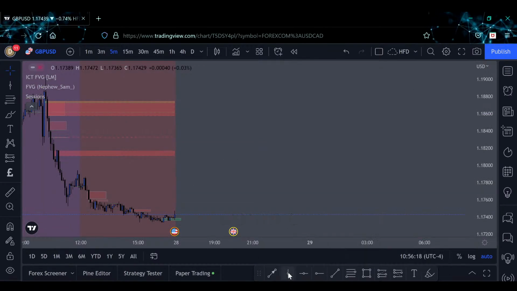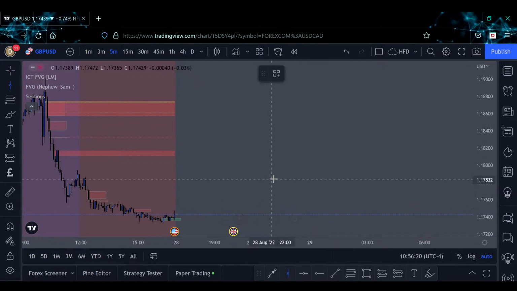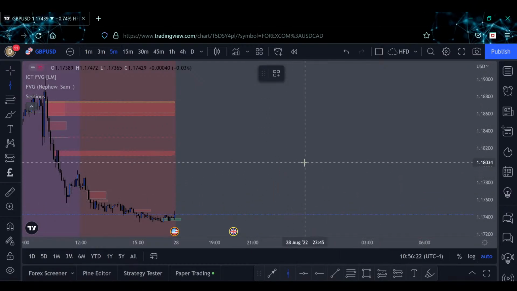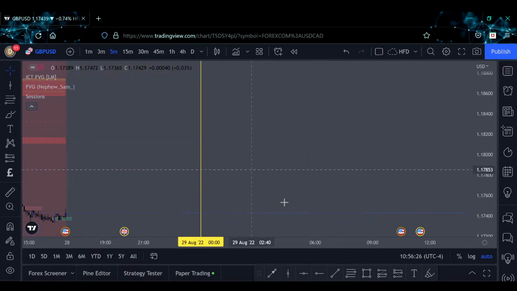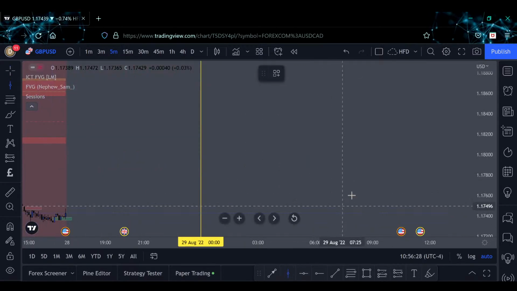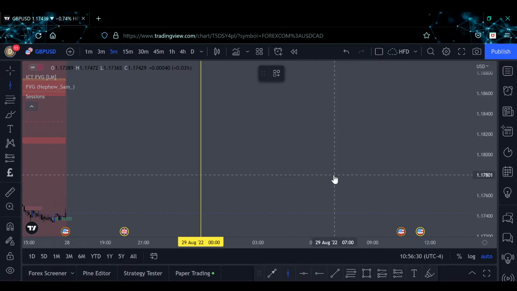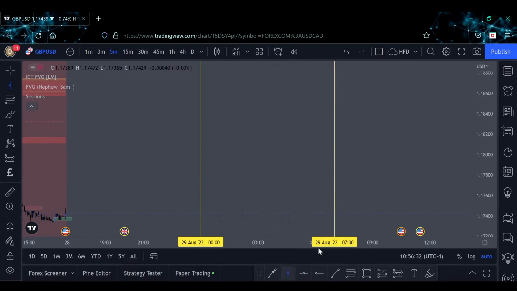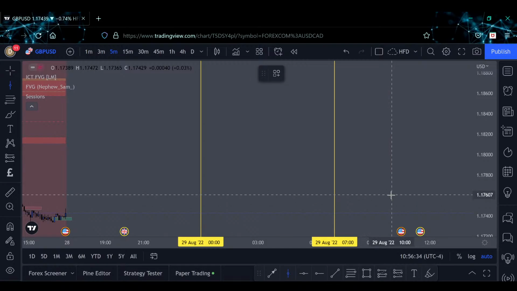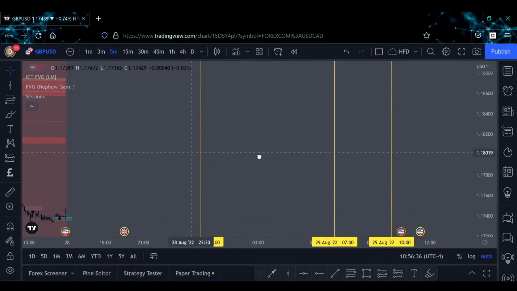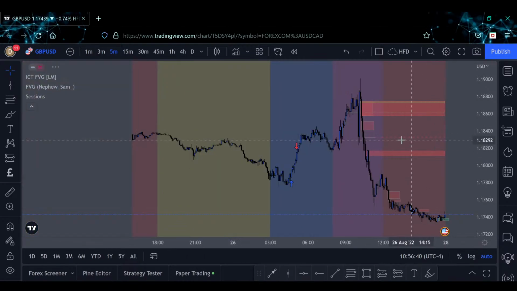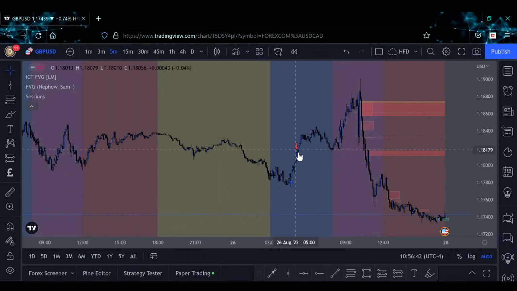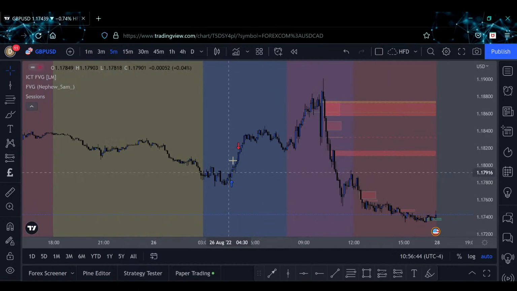Remove these. Could we trade here? Oh, look at the run.